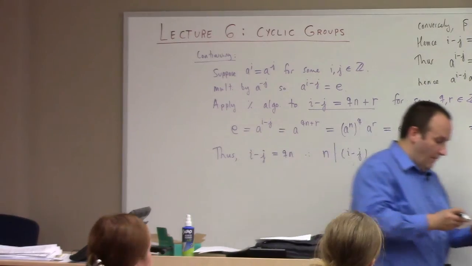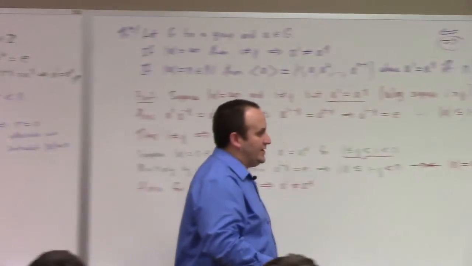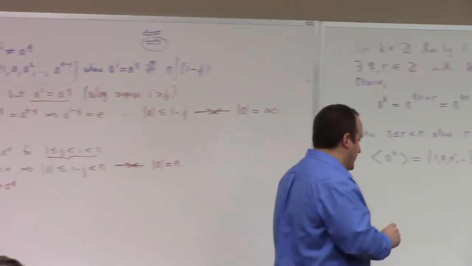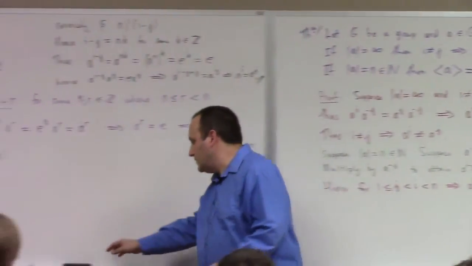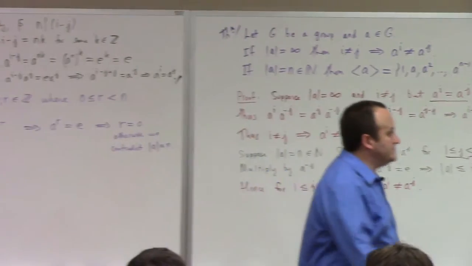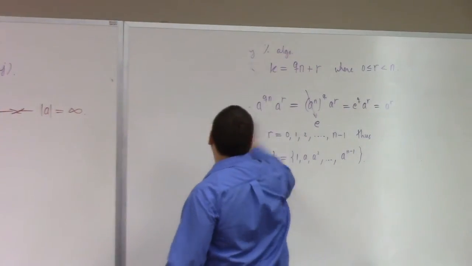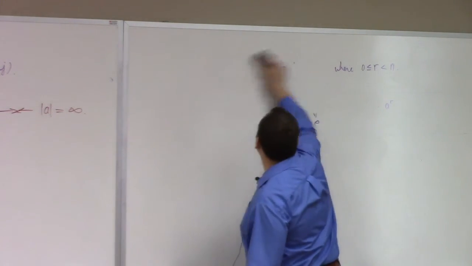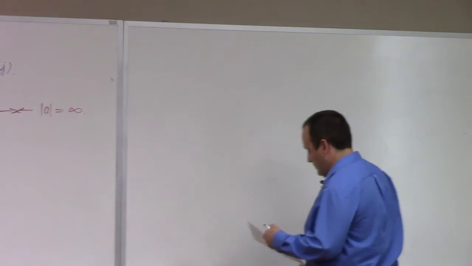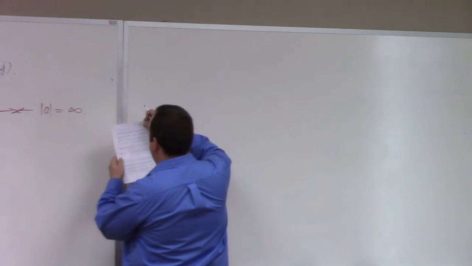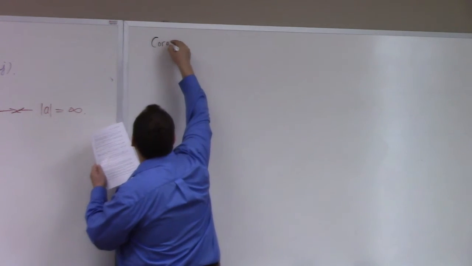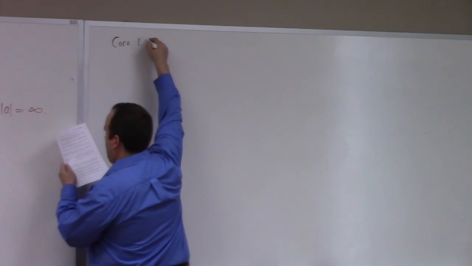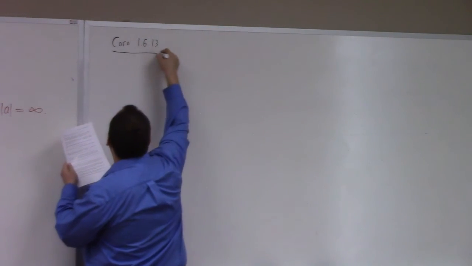So now, with this theorem in hand, we can say a number of interesting and really beautiful consequences, right? Corollary 1.6.13. Of course, the numbering in Gallian is different.